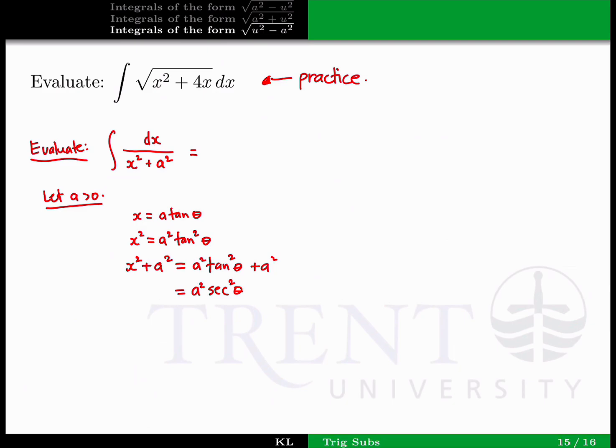And we don't need to get the square root because we just need x squared plus a squared. From here, we have dx equals a secant squared theta d theta.